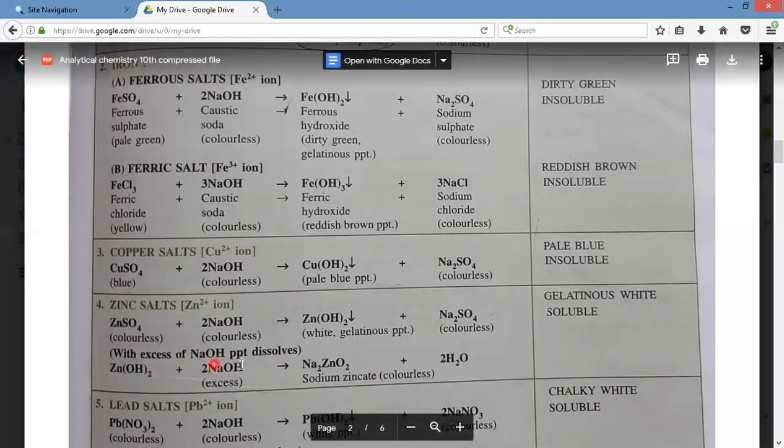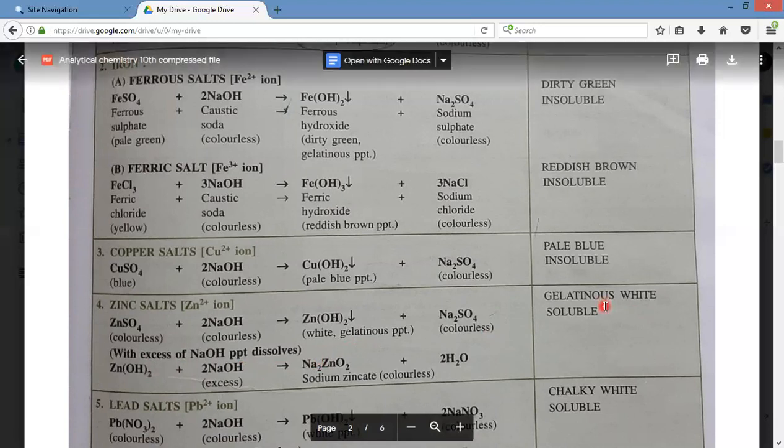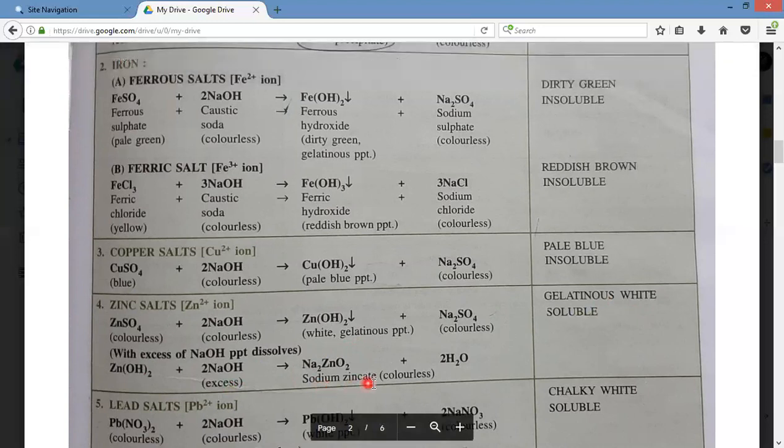With zinc, on excess of sodium hydroxide, the precipitate dissolves, as we have shown here. That excess will lead to sodium zincate. Sodium zincate formula is Na2ZnO2, which is colorless in nature.